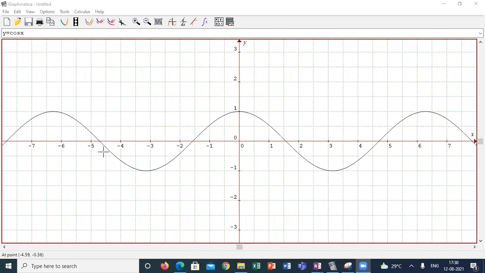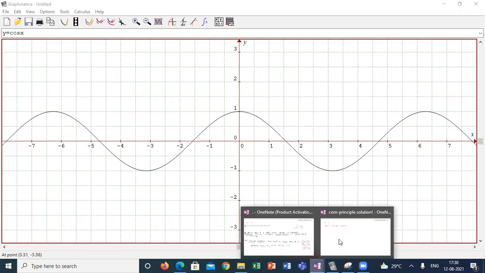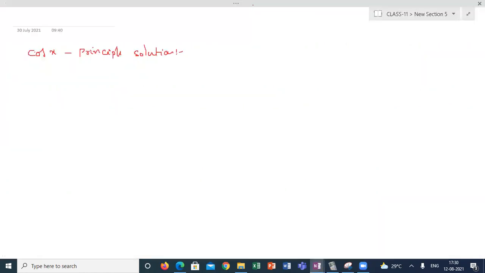Guys, can anyone explain what is the principal solution of cos? Principal solution of cos. How to explain? Raghav, what is the principal solution of cos?